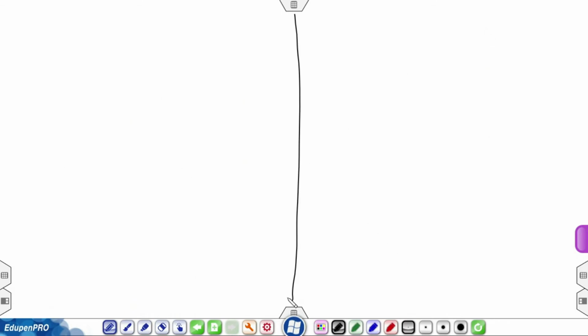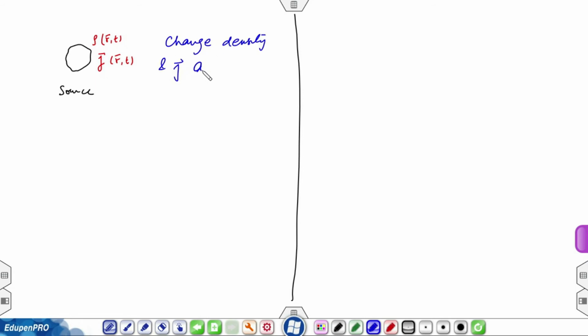So, imagine this, there is some source somewhere, right. This may have some rho which is a function of r and t, this may have a j which is a function of r and t. So, both the charge density and j are time dependent. Since I said sourceless, let us look at the boundary.